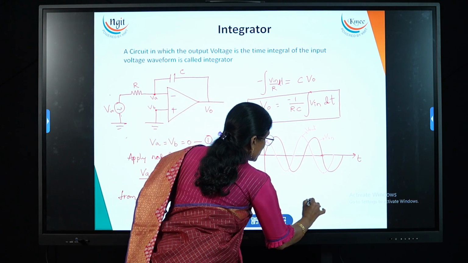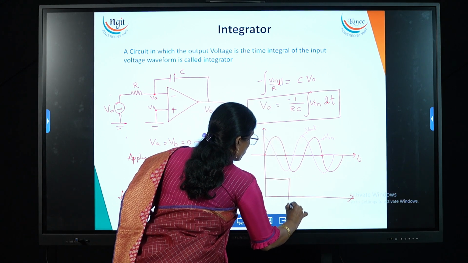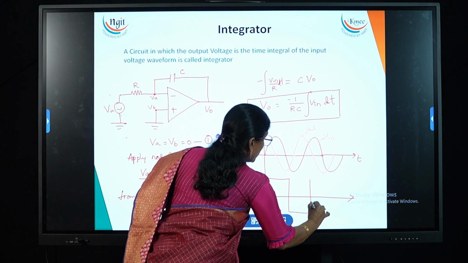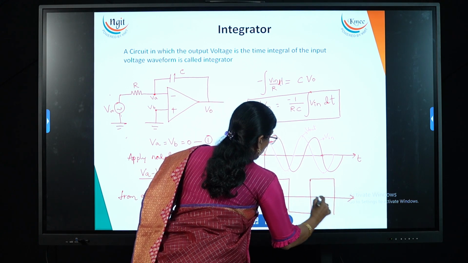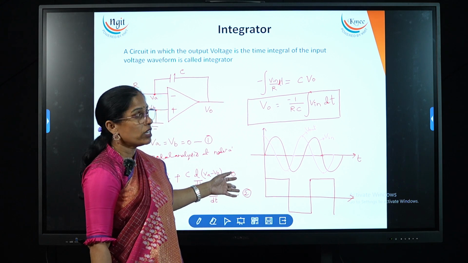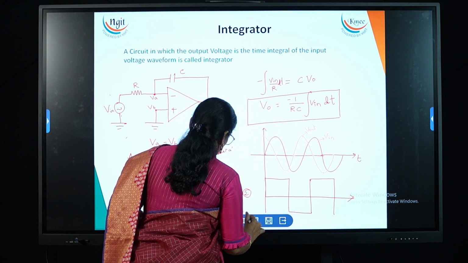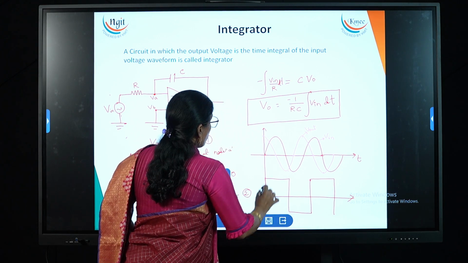Now if you apply the square waveform, for square what is the expression? For square the expression is constant. When you are integrating the constant, if I'm taking this as a, then when you integrate a, you will get what? A t. So here we are going to get the output waveform like this. Minus sign is there.